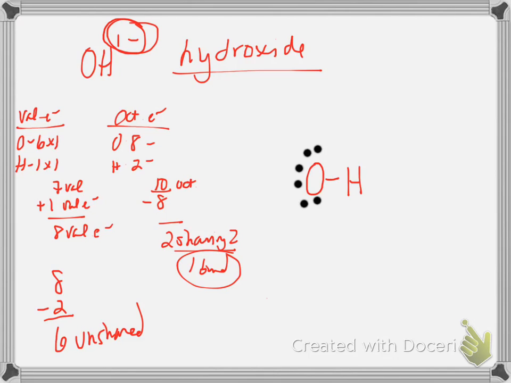Now, how many electrons, this is where knowledge of what they looked like before they bonded is helpful. If you remember, oxygen came in with those 6 valence electrons, most often pictured like this, and hydrogen came in with just 1 valence electron.